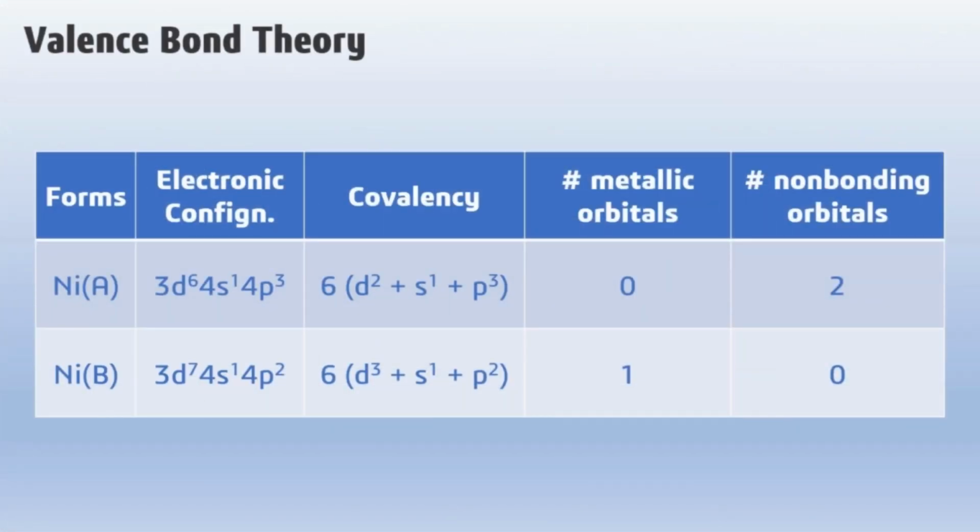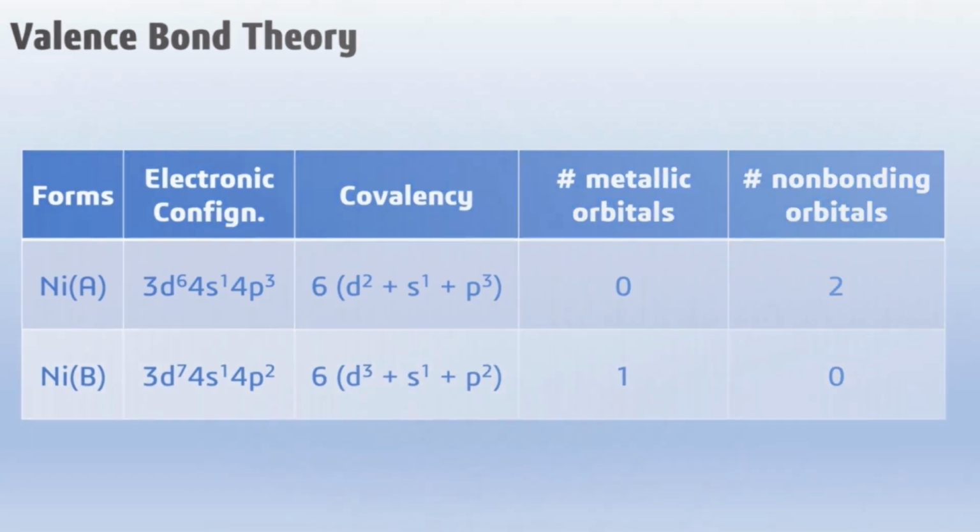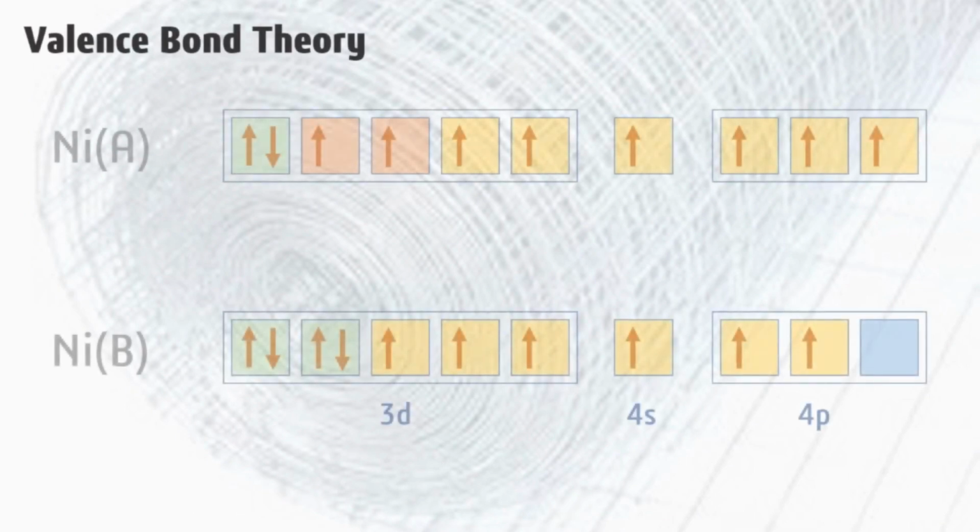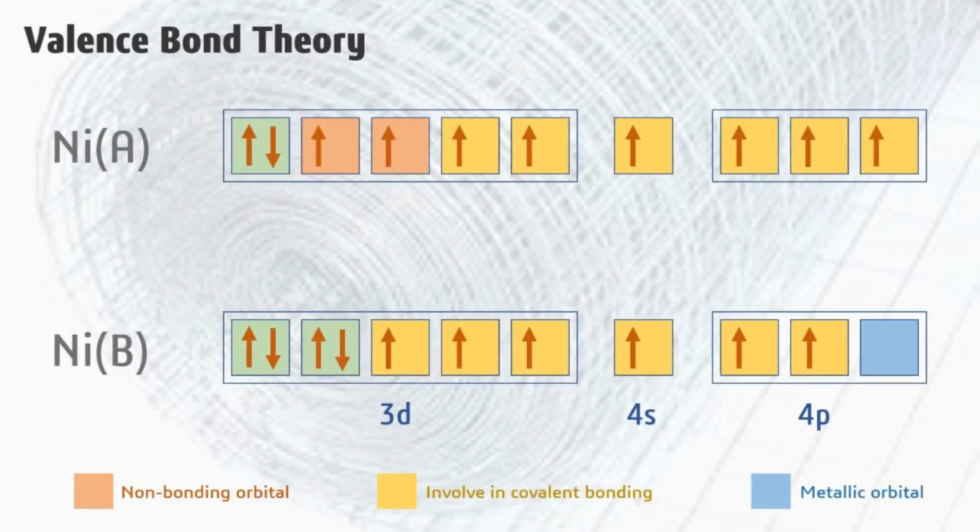Nickel is one such example. It possesses two states, A and B. You can easily find that nickel A is paramagnetic but a non-metallic covalent structure, while nickel B yields a diamagnetic but metallic structure. In practical life, we have nickel as a mixture of both in different proportions, and thus the resultant paramagnetism is observed.